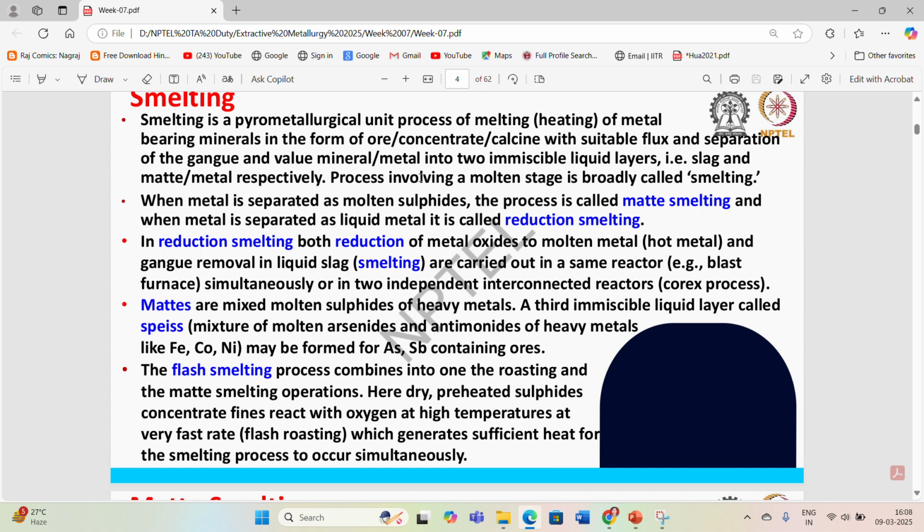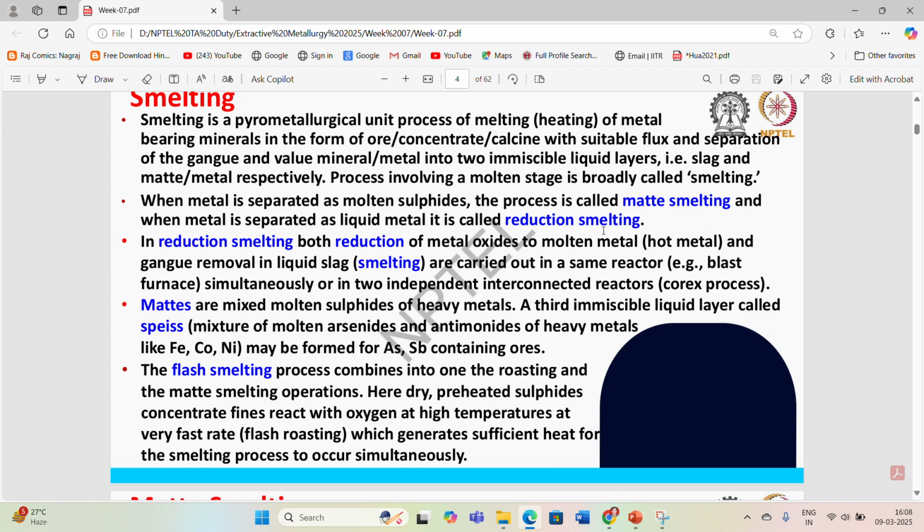When metal is separated as molten sulfides, that is when we talk about the sulfide ore smelting process. In that process we generally separate the molten metal in the form of molten sulfides. We are not trying to separate it out in the form of molten metal itself. We are trying to separate it out in the form of molten sulfide.